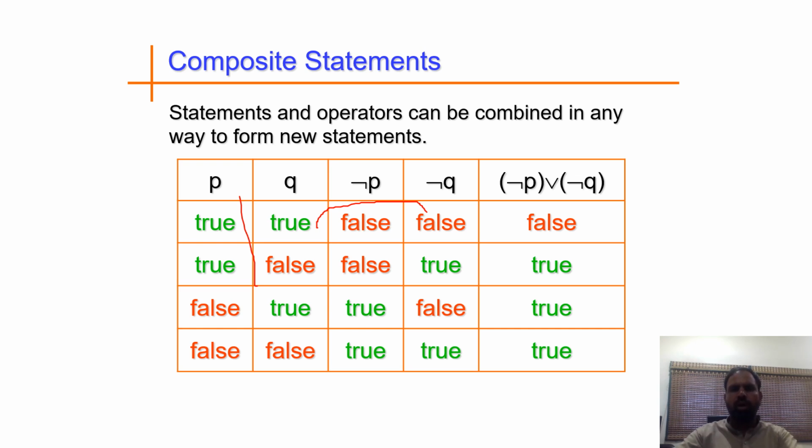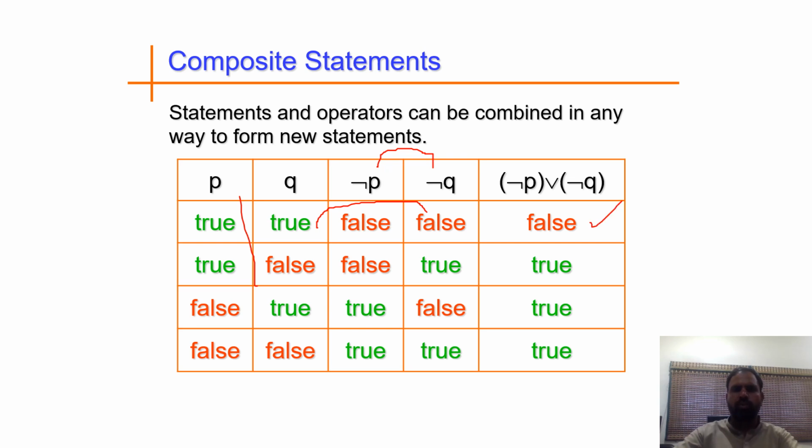Negation P or negation Q. Now we use these two columns and apply the OR operation on them. Negation P and negation Q both false, so it will be false.